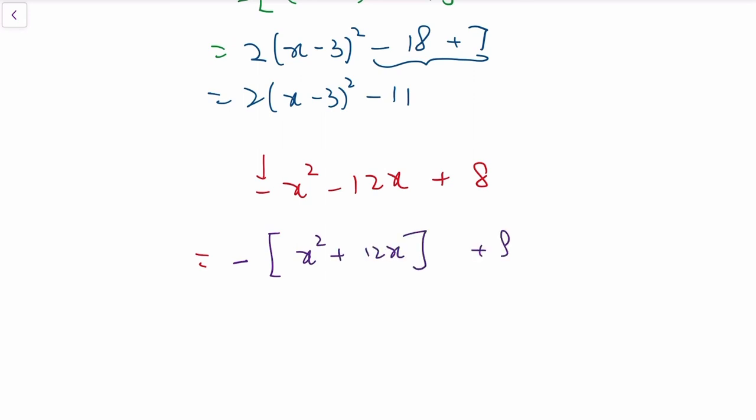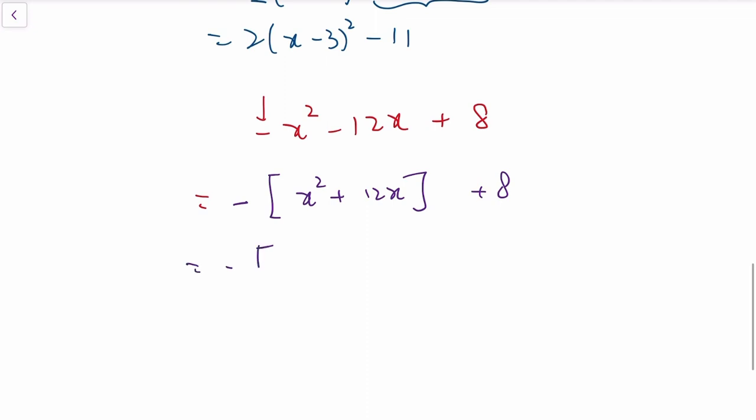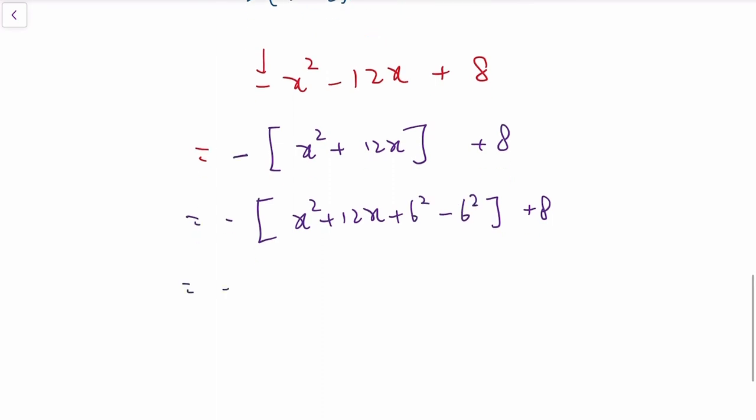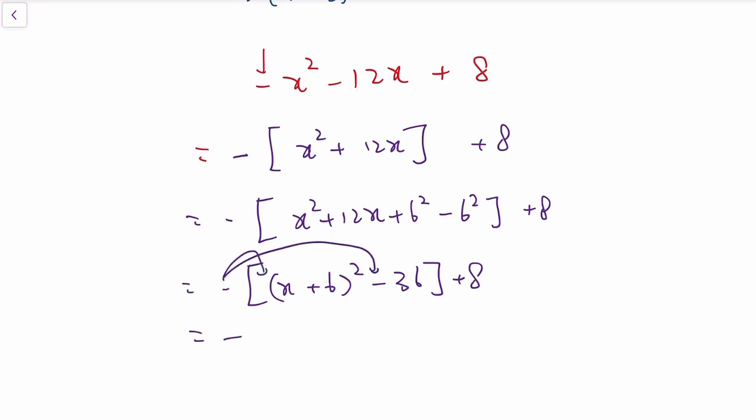Leave the 8 outside. Then we add a number, take away a number inside the square bracket. The number we'll add will be 6 squared, and take away 6 squared. Then it collapses into a perfect square. 6 squared is 36. Then expanding the negative.